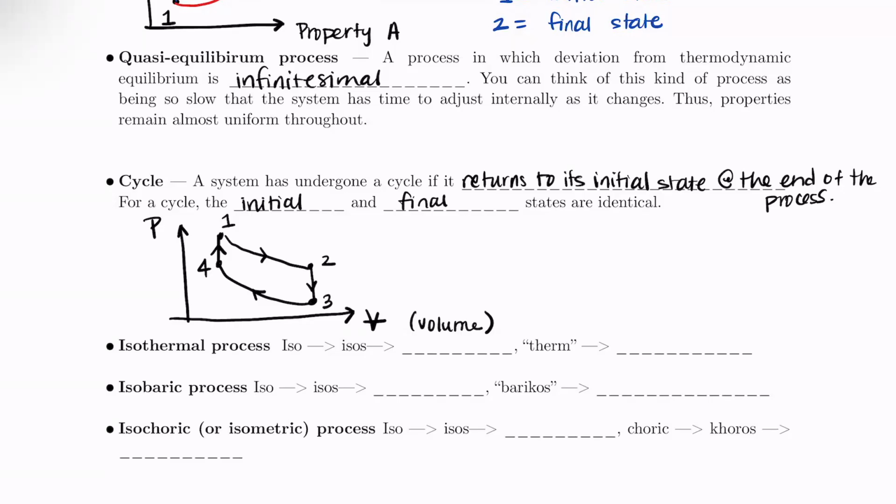We're also going to use 3 terms quite a lot: isothermal, isobaric, and isochoric or isometric to describe processes. It always helps me to remember what each of these means to talk about the root words of where they came from. So they all have iso in the beginning. Iso is a root word that means equivalent or same.